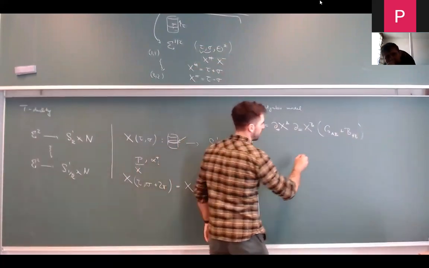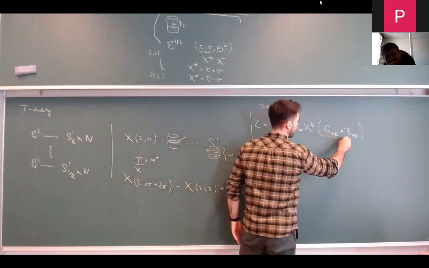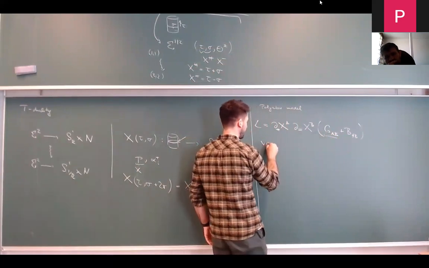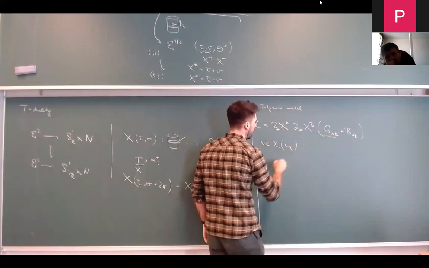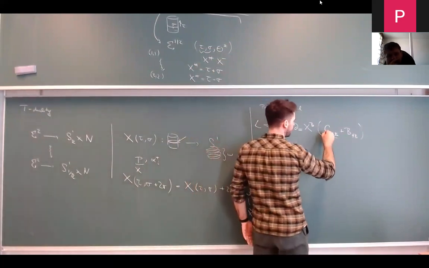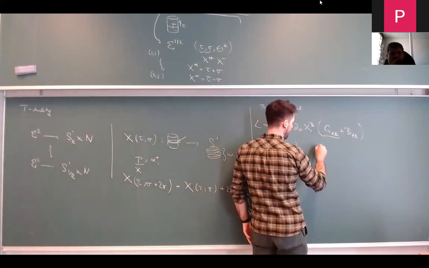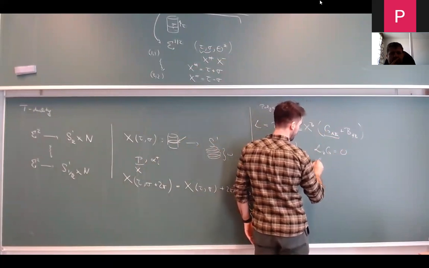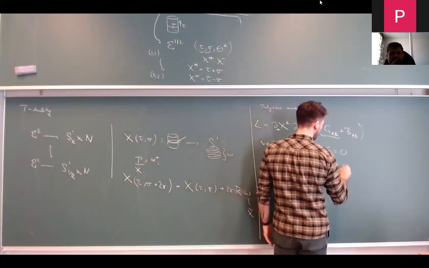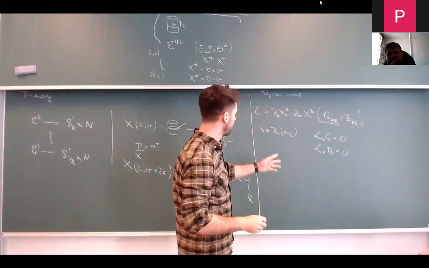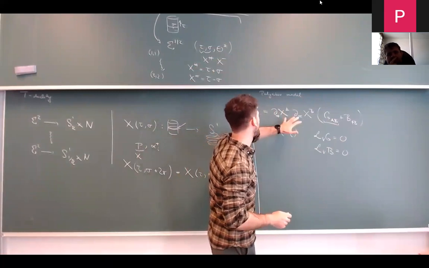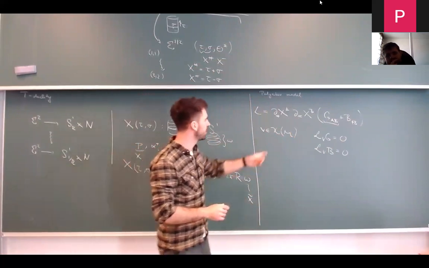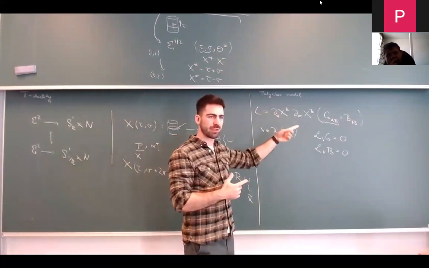Provided I have an isometry, meaning that there's a Killing vector in the target along which G and B are constant, it turns out that this model has a rigid symmetry. It has a shift symmetry in the coordinate adapted to the direction of the Killing vector.